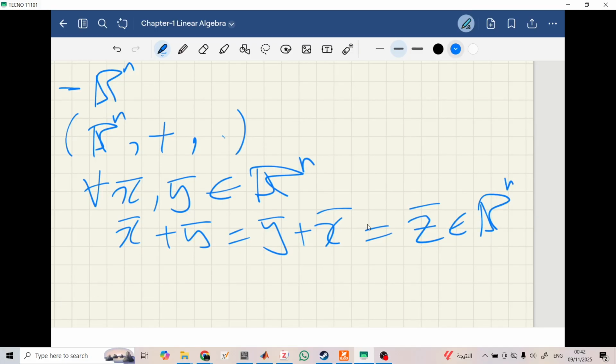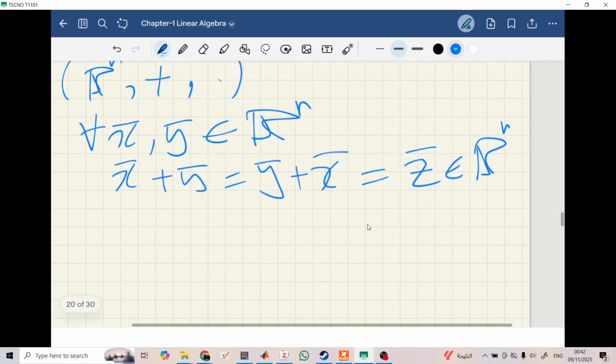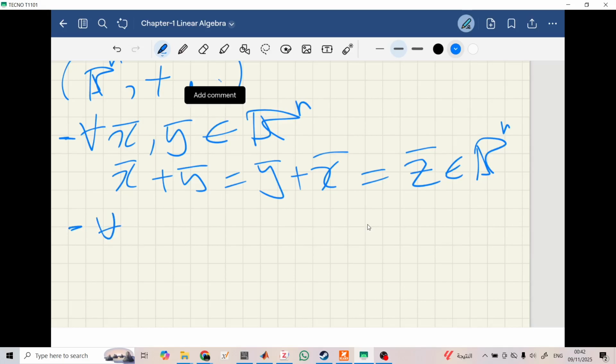You cannot find any vector z that does not belong to Rn. Okay.